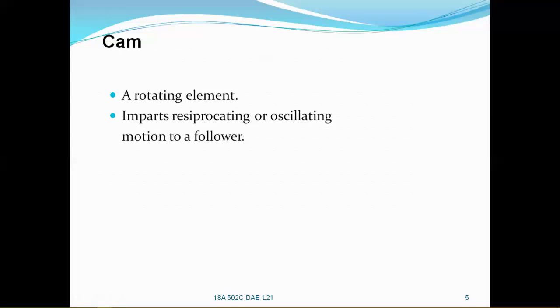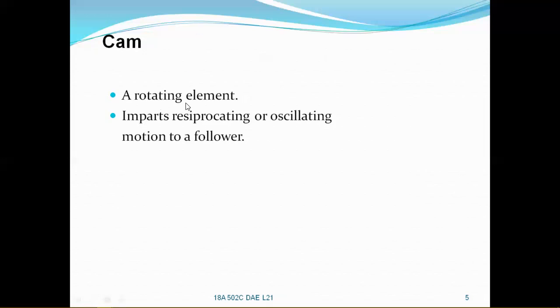Similarly, here also, one is the rotating element and the other is the follower element. Here you can see the vertical rod is vertically reciprocating, the hand is oscillating, whereas the disk is rotating about its own axis.